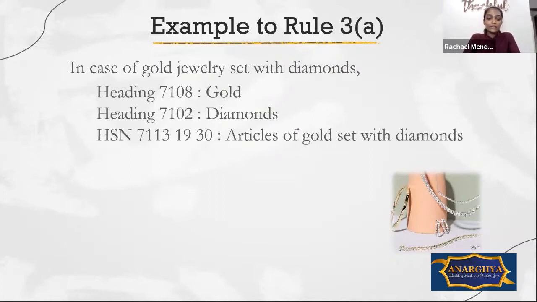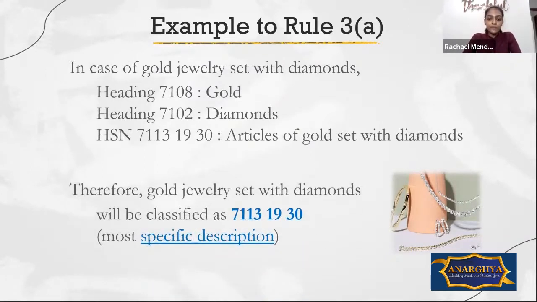But if you see under the heading 7113, there is a specific description to our product, the example that we have taken, that is articles of gold set with diamonds. So this HSN is clearly giving you a specific description for the product at hand. Therefore, as per Rule 3A, you will not classify it as gold or as diamonds, but you will classify it with the HSN which most clearly is giving you a specific description.